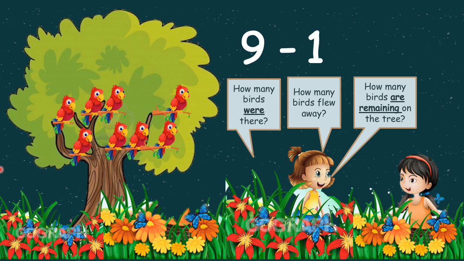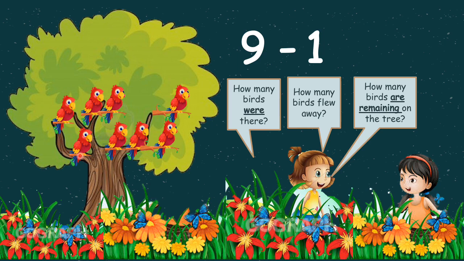When Jane asks so, Neha will say, come, we will count. We shall start counting the number of birds which are remaining on the tree. And they will start counting like this: 1, 2, 3, 4, 5, 6, 7, 8.